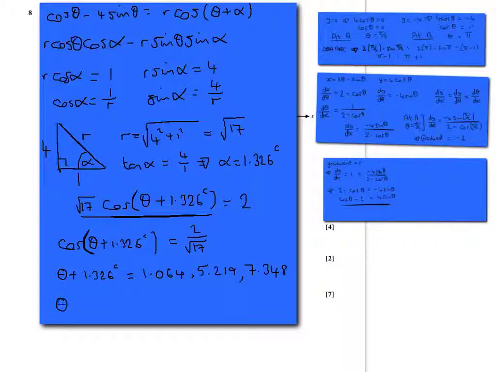Now, subtracting 1.326 from all of these gives us minus 0.262, 3.89 and 6.02, all in radians. However, we don't want to include that one because it's not in the correct range, leaving us with 2 valid answers.